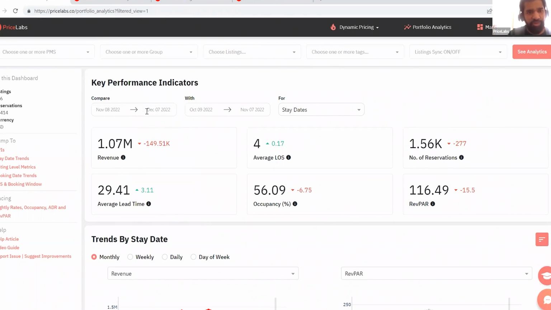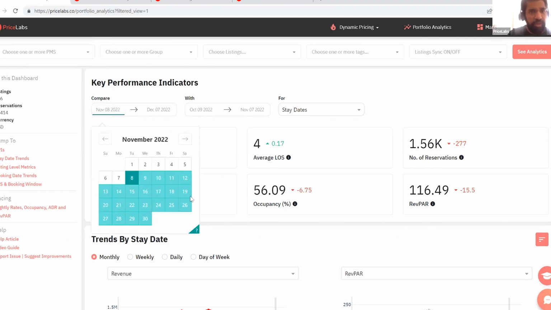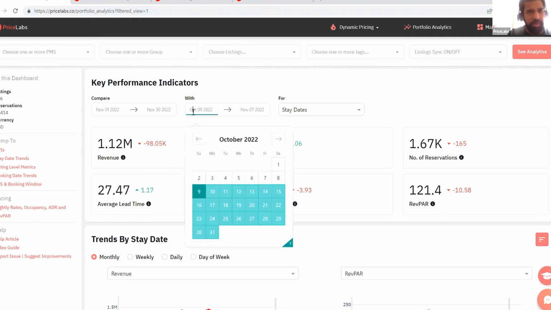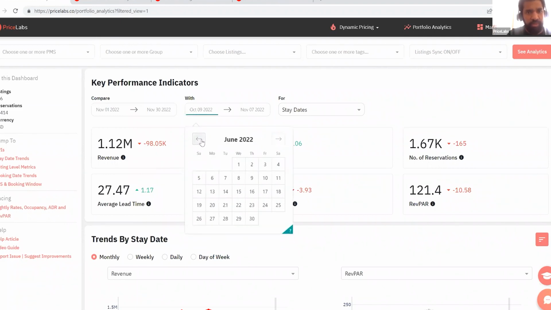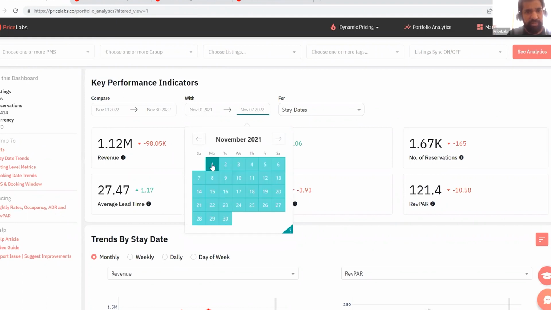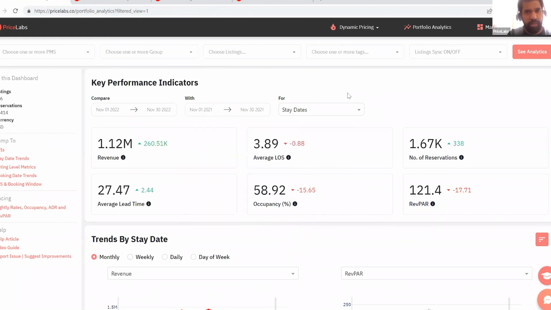So it's showing November 8th to December 7th, which is today. But you could compare any time horizons. For example, I may want to compare how my November 2022 did in comparison to November 2021. We're working on making these filters a little bit better in coming months. So you can quickly see how my business did this year in comparison to last year.